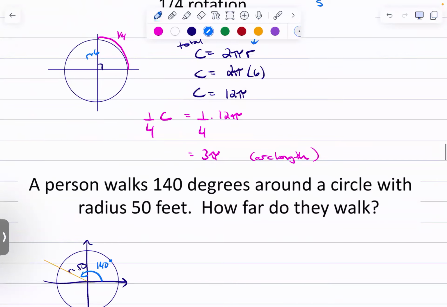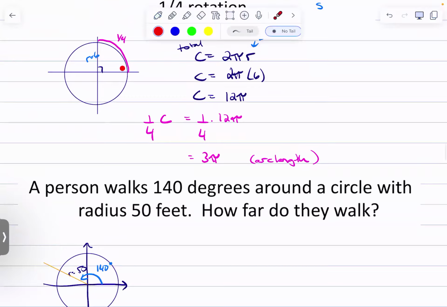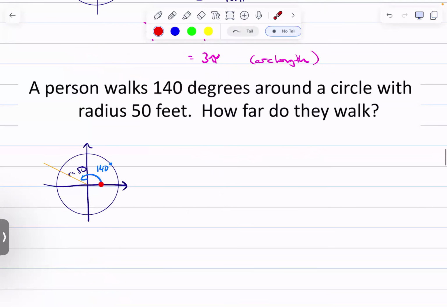We can solve it similar to how we solved this one, right? I could find the total circumference and then take the fraction that I want. In this case, the fraction's not a quarter anymore. The fraction that I would want is 140 out of 360 degrees.